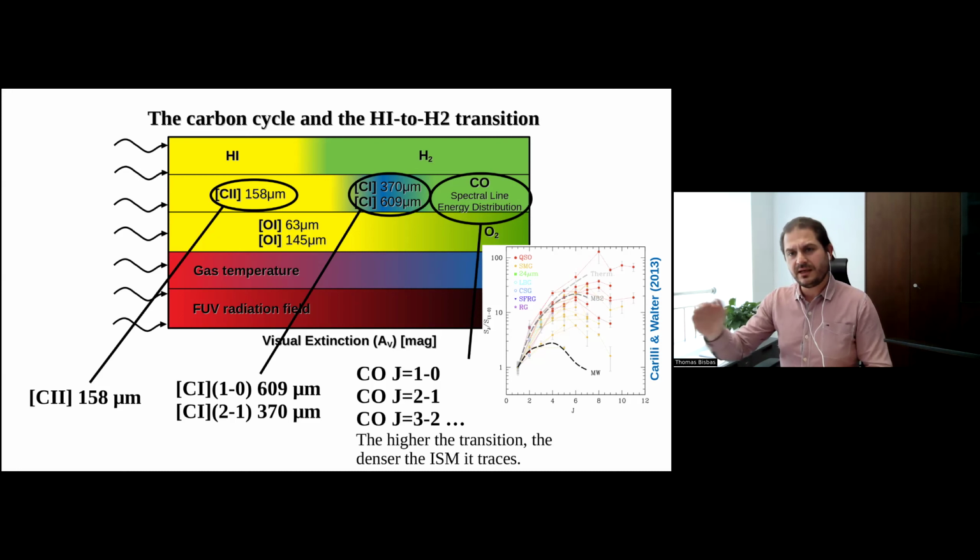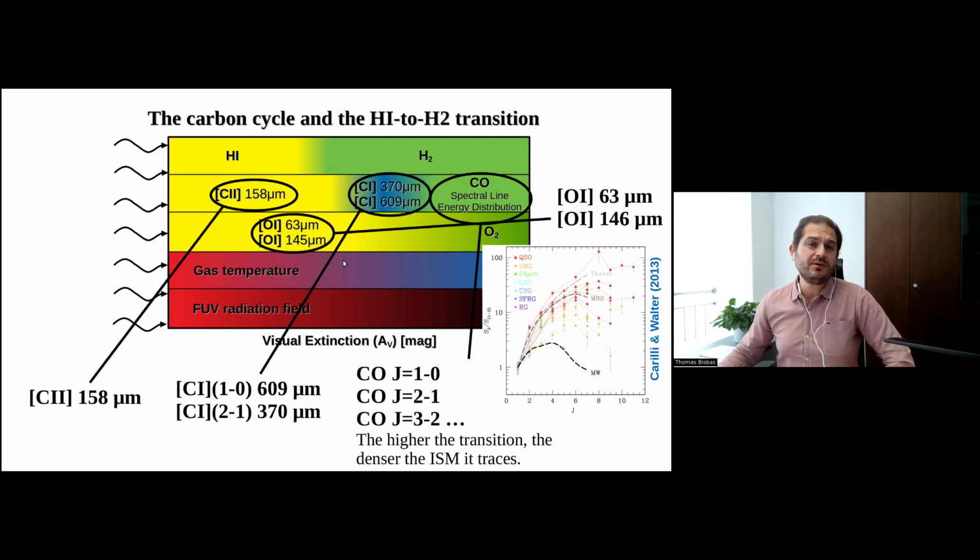So each different line from these CO transitions corresponds to a different galaxy, which means that by knowing complete SLEDs, also in association, if possible, with other coolants like C1 or C+ or anything else, we can disentangle the ISM environmental parameters that exist in different parts of these galaxies. And of course, we don't have only the carbon cycle here, but we have another important coolant, which is the oxygen, but we will not go through this in this work.